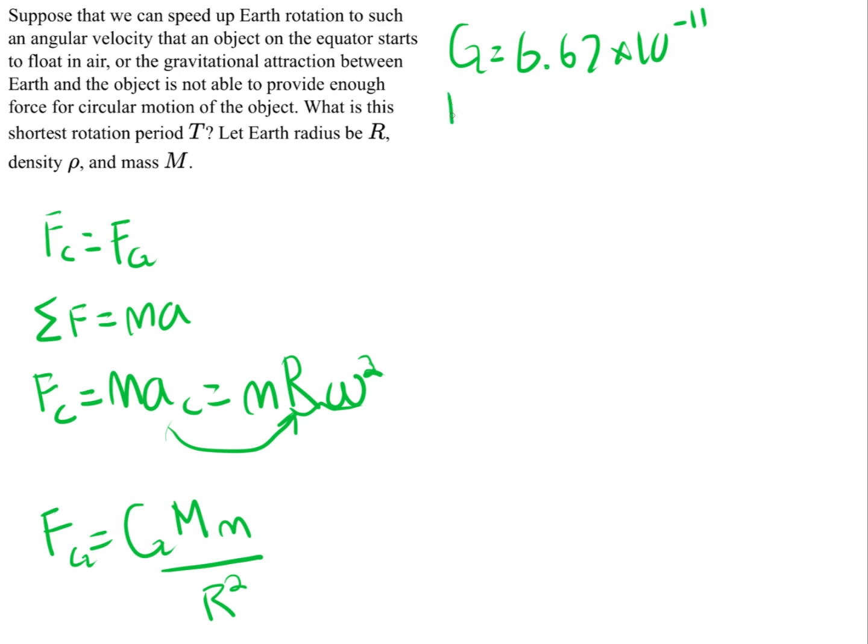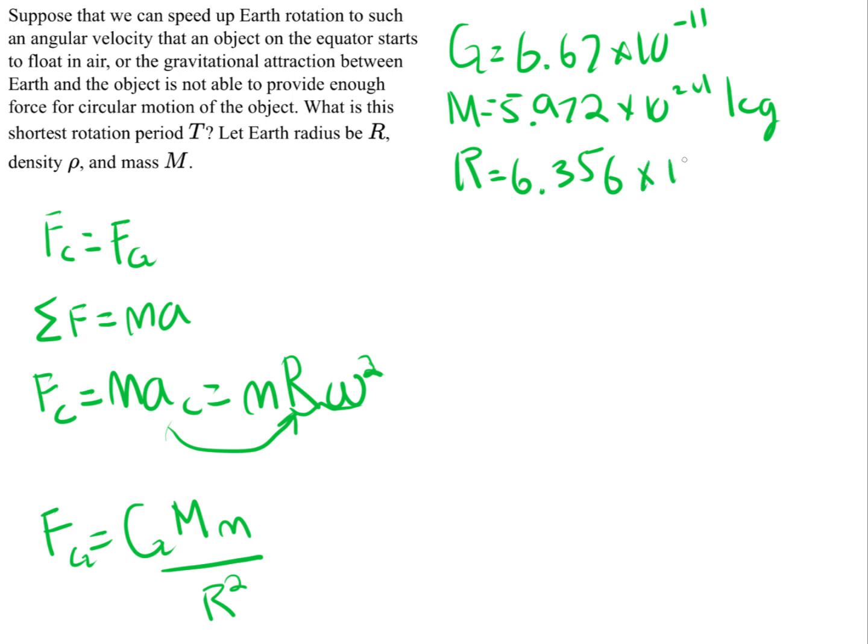The mass of the Earth is approximately 5.972 times 10 to the 24 kilograms. And the radius of the Earth is about 6.356 times 10 to the 6th power meters. So those are the quantities that we can use later.